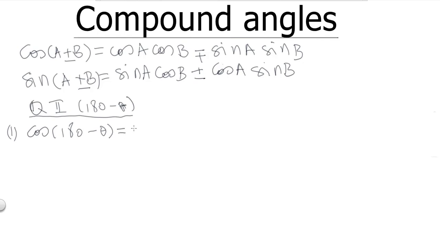This will give you minus cos theta. Why? Because in the second quadrant, cos is negative. For example, if they give you cos of 120, you have first of all to reduce this to cos of 180 minus 60, because 180 minus 60 degrees will give you 120.